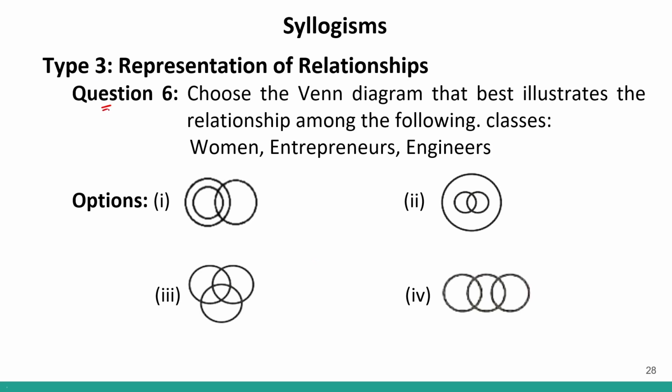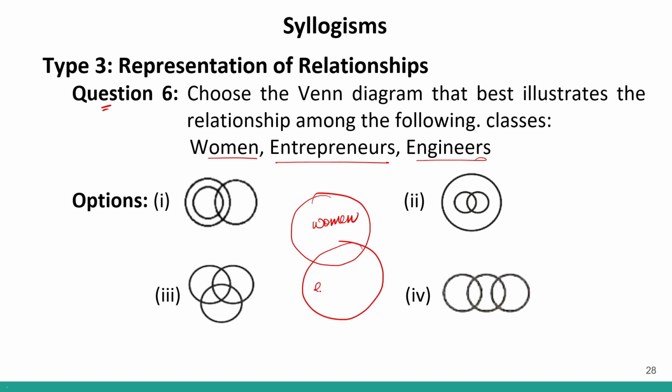Question number 6. Choose the Venn diagram that best illustrates the relationship among the following classes: women, entrepreneurs, engineers. Okay, now women is a separate entity. There could be certain women who are entrepreneurs, right?